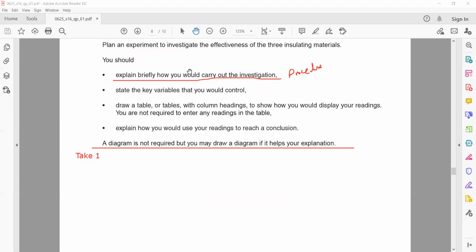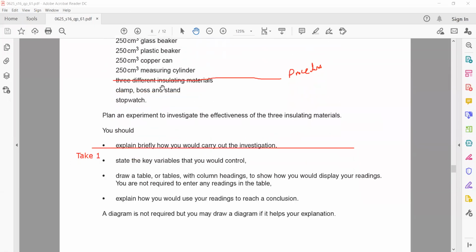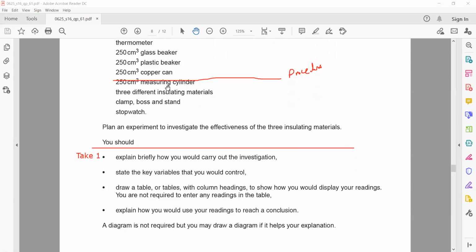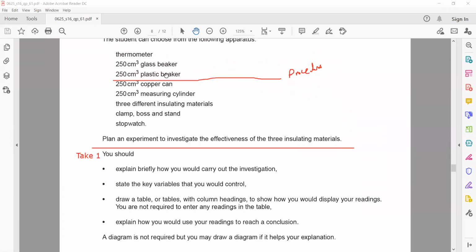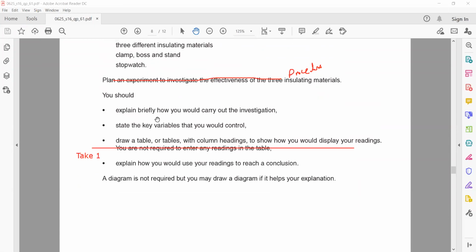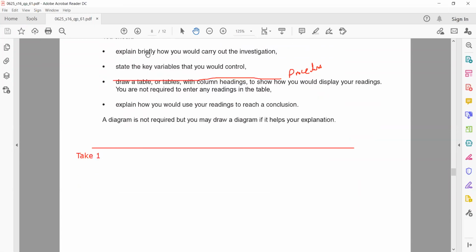You're only finding the effect of insulation. So for example, I'm taking a copper can, because copper is a conductor, other materials are insulators, glass, plastic, so they will also have an effect on the result. So I'm taking this, but you can take any of them. It's not fixed which beaker you have to take, any one of them you can take.